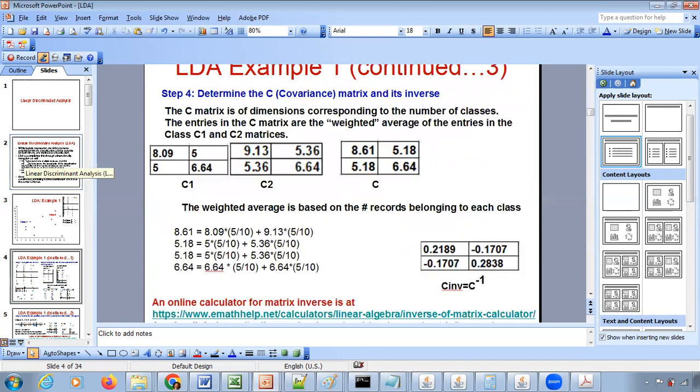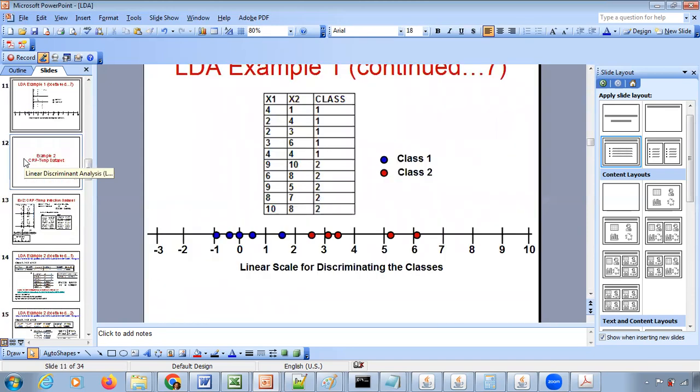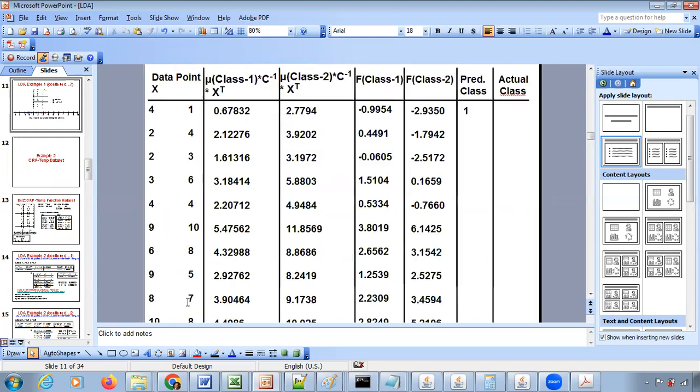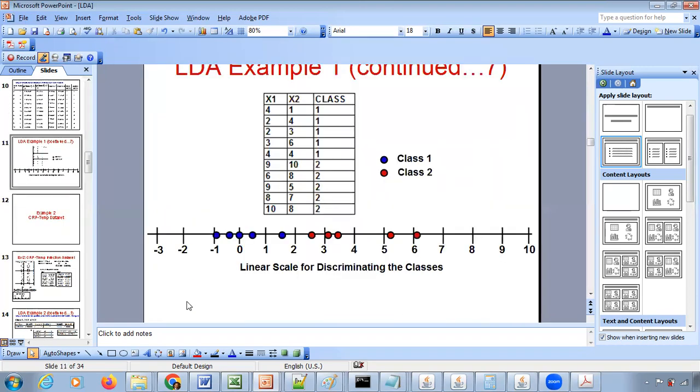Like for the first example we can see here, again, this is a linear scale, and that's part of the name linear discriminant analysis. It eventually comes up with some f value that we will compute in the example. If you plot those f values for the different data points in the data set, this data set has only two classes, 1 and 2, with blue data points belonging to one class and red data points belonging to the other.